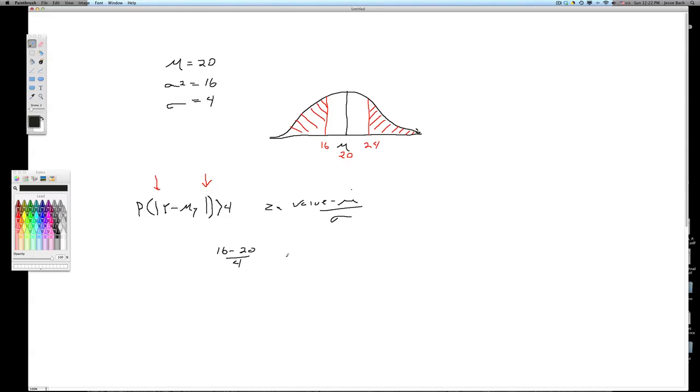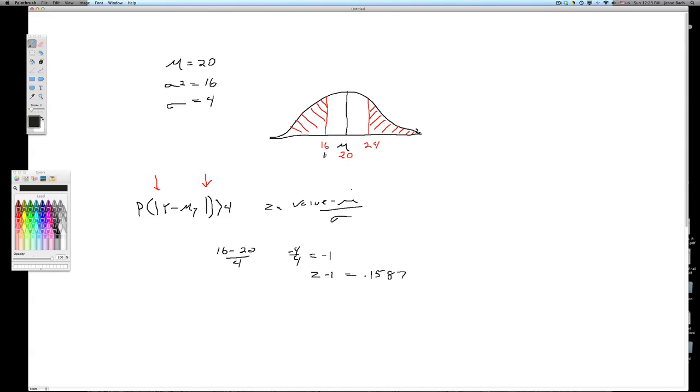So this is going to equal negative 4 over 4, which equals negative 1. If you look up the z-value of negative 1, it is 0.1587. Okay, so the z-value of negative 1 is 0.1587.